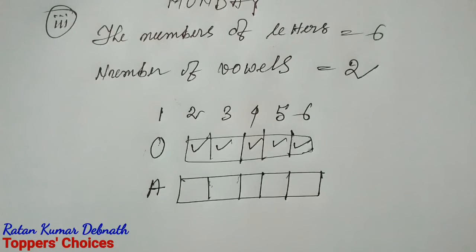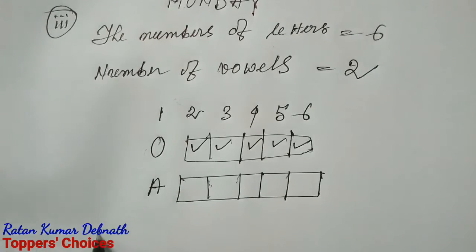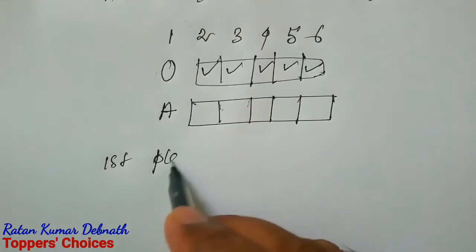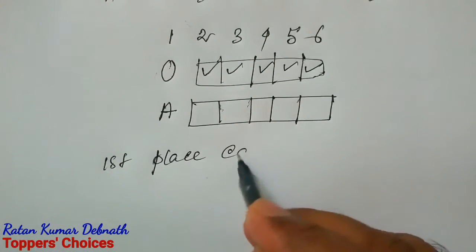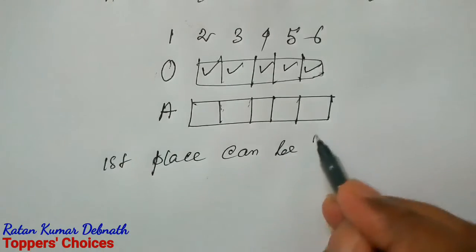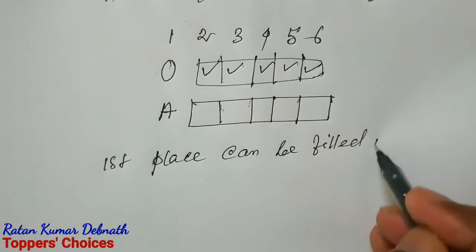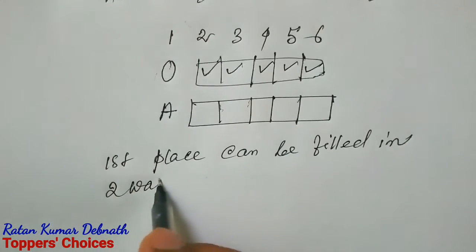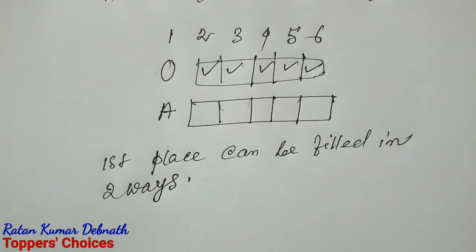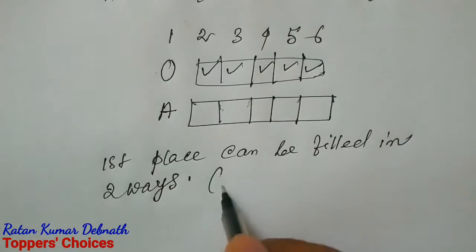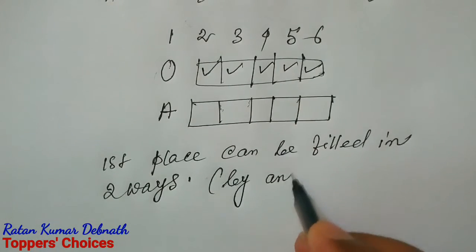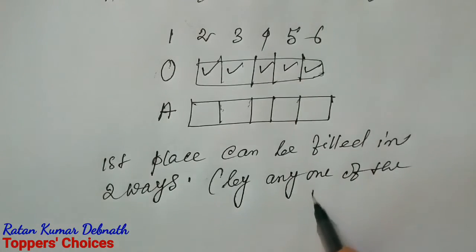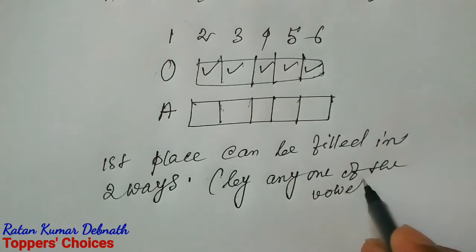So, the first place can be filled in 2 ways, that is by any one of the vowels.